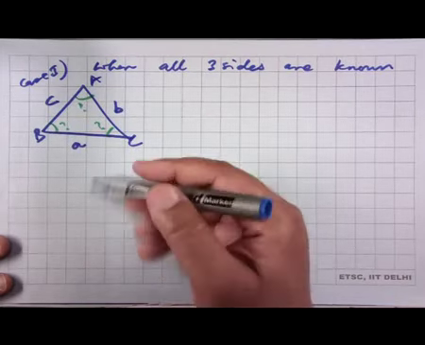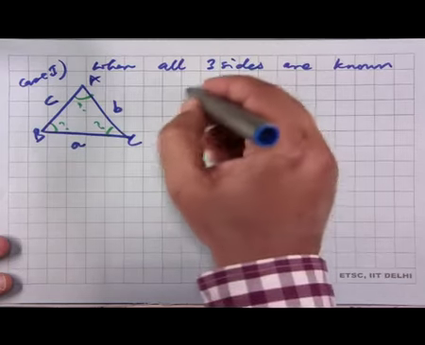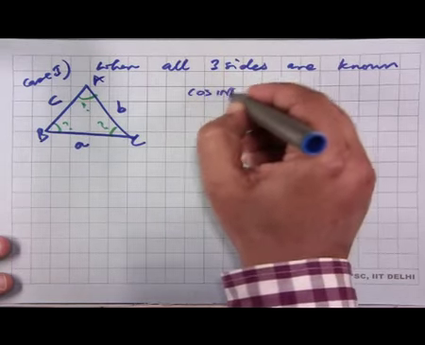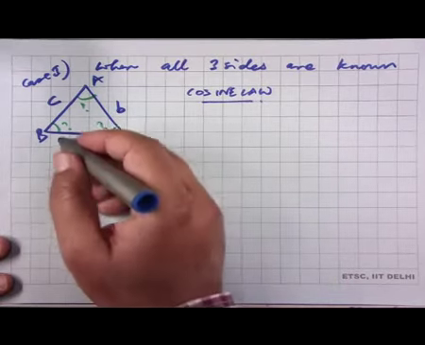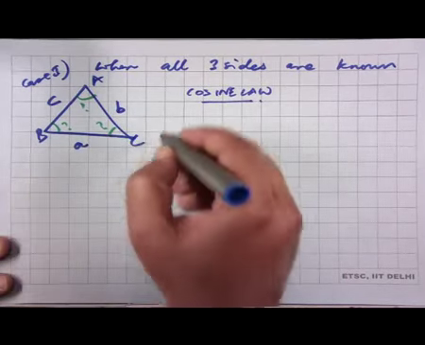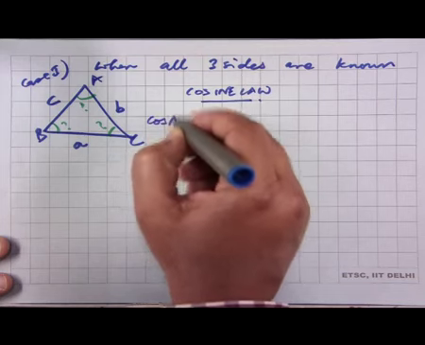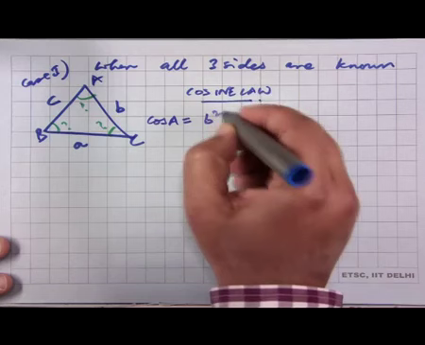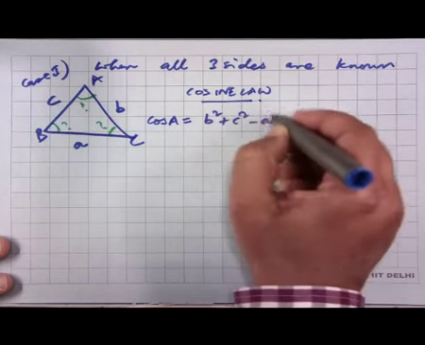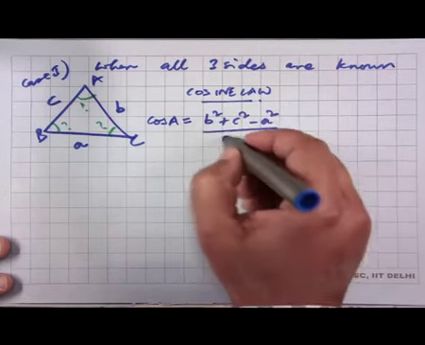and that is not very difficult because we know the cosine law. From the cosine law we know that cosine of angle A is B square plus C square minus A square by 2 BC.